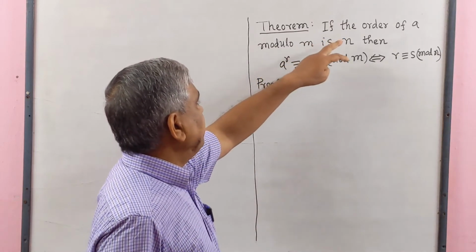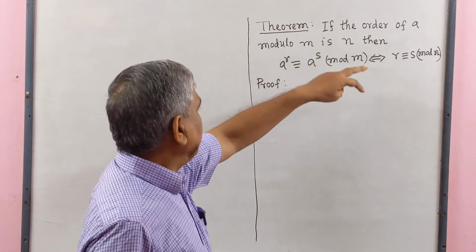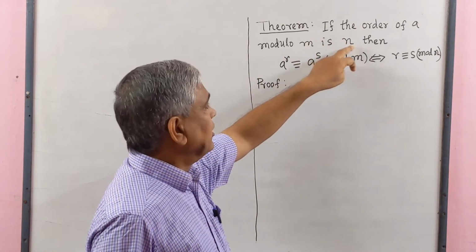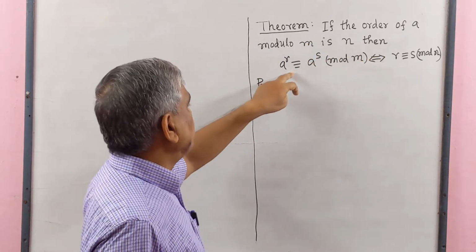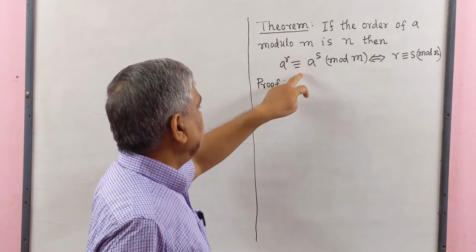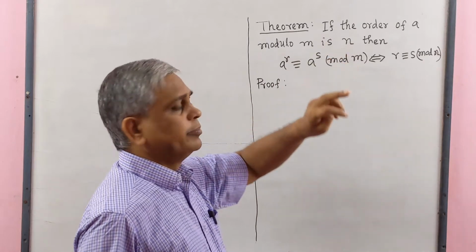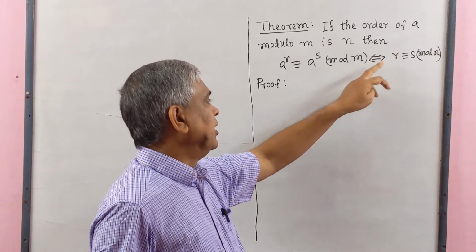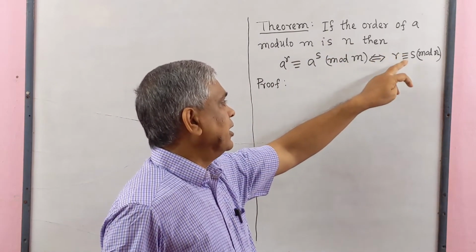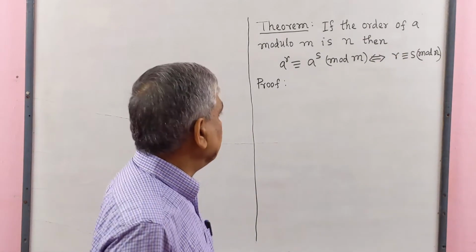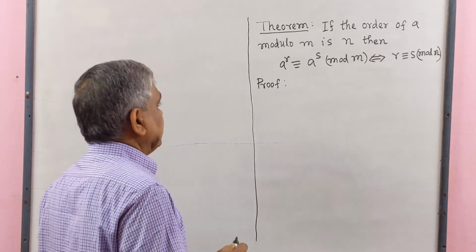Theorem is, if the order of a modulo m is n, then a to the power r is congruent to a to the power s modulo m, double implication, r is congruent to s modulo n. Now we prove this.